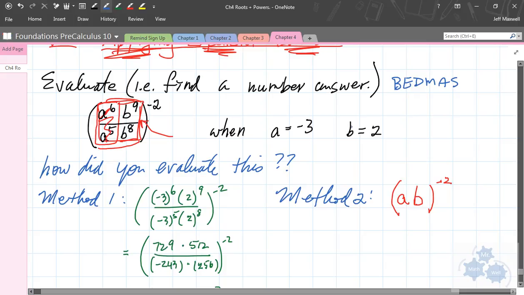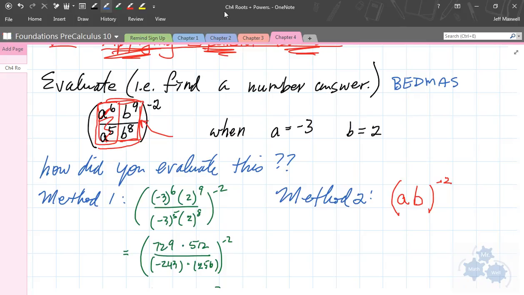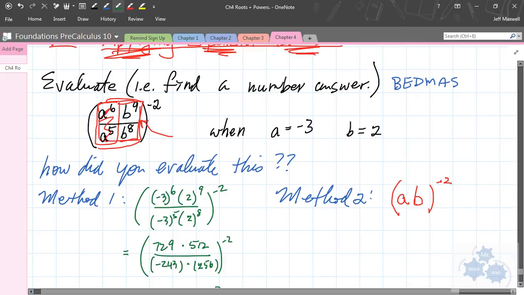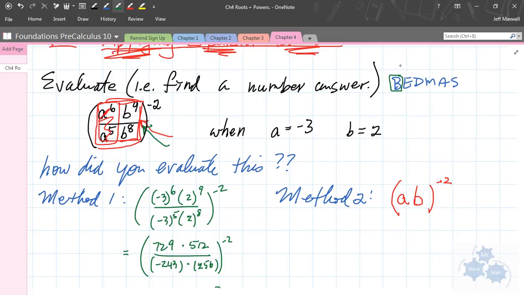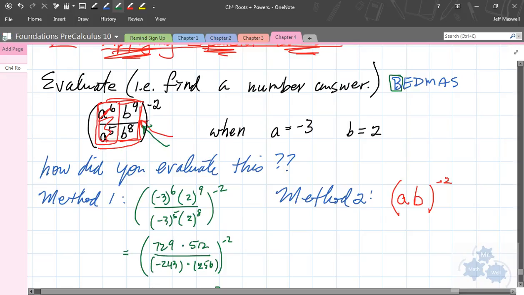The order of operations. Very good. So if we review that, this is why I started inside the brackets first, because B is listed first in BEDMAS. When you're evaluating something that has some multiplication, division, exponents, brackets, you look to BEDMAS. This is brackets, just as a quick review.